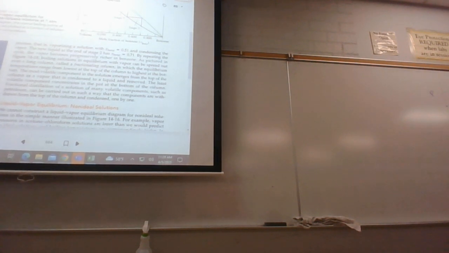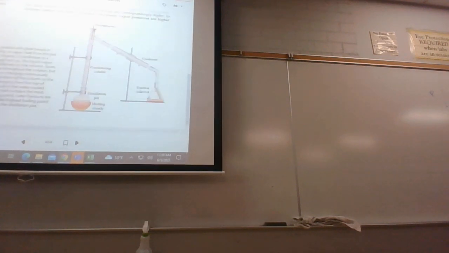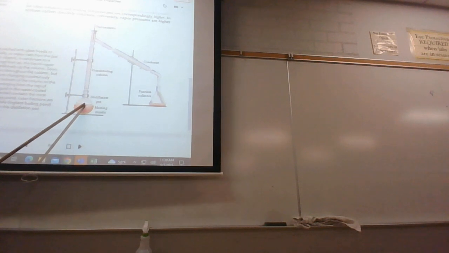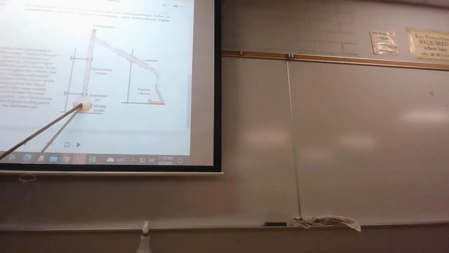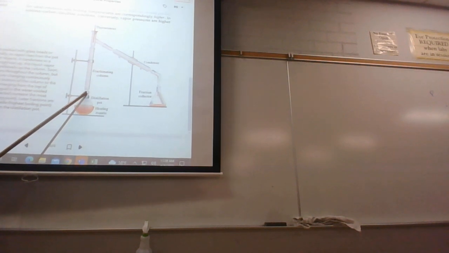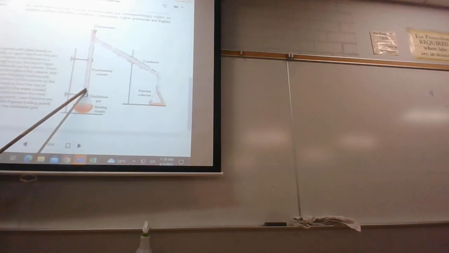We don't have to use a gigantic column like this. In the chemistry lab, we use this. We put benzene and toluene here, and the liquid phase is going to have a different composition than the gaseous phase. The gaseous phase is going to be enriched in the more volatile benzene. And then we condense it.